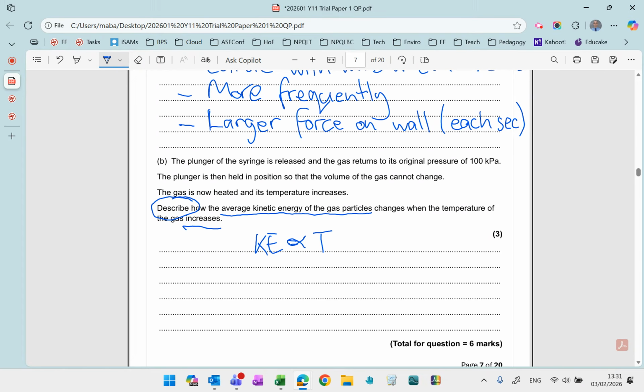So just writing that down would have got you 2 marks towards this description, that kinetic energy is directly proportional to the Kelvin temperature, which means that if this side of the equation increases, then this side of the equation also increases. So if you double the Kelvin temperature, then that means that you can double the kinetic energy. Okay, quite a challenging one for 3 marks, that.